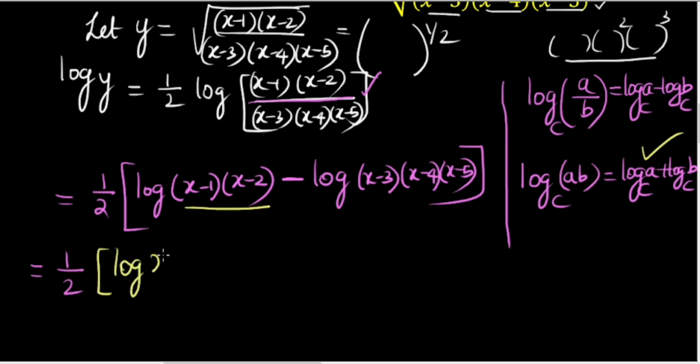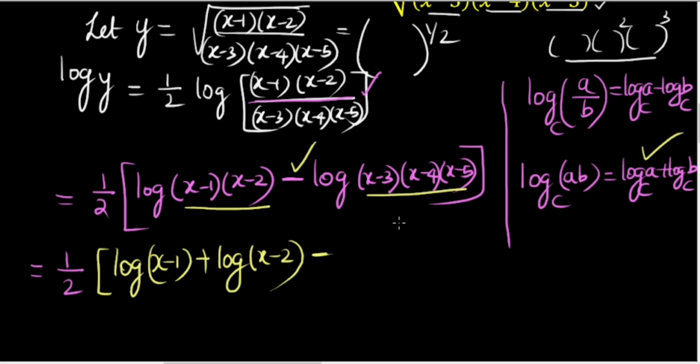Log of x minus 1 plus log of x minus 2. Here we are having one minus sign in common, so we can write that as a common sign and split them into 3 parts by using our product rule.